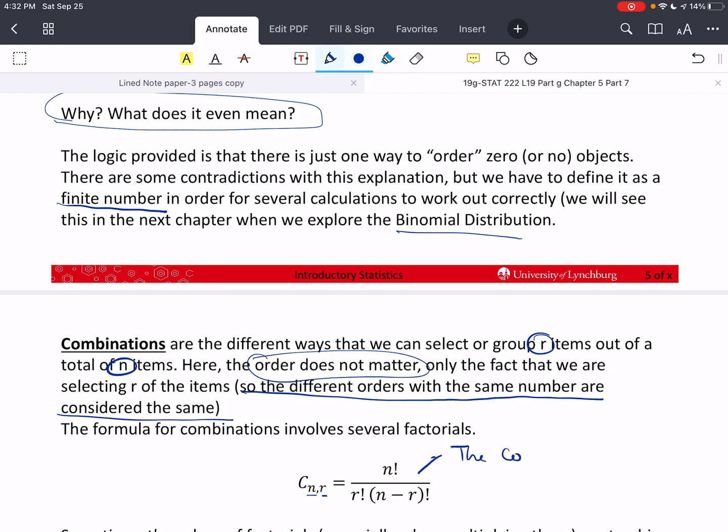What this notation is saying is the number of combinations of N items chosen R at a time.